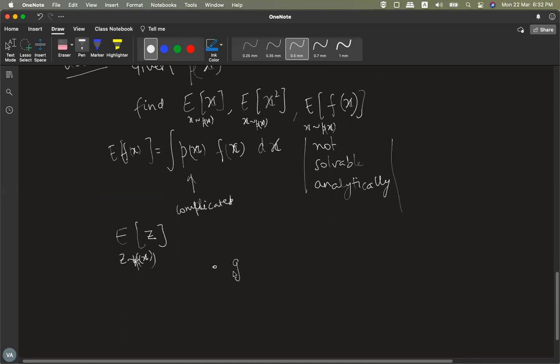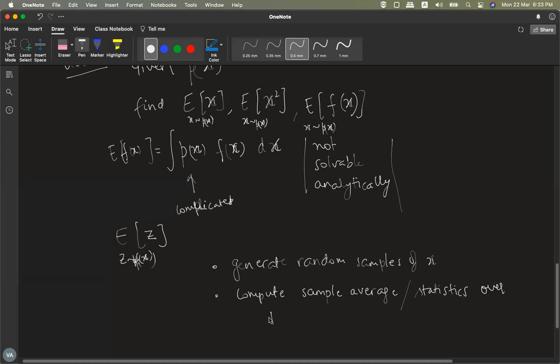So the steps will be: generate random samples of x and then compute the sample average or sample statistics over these samples.